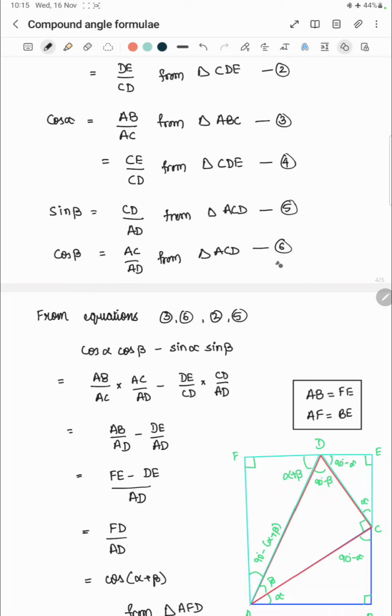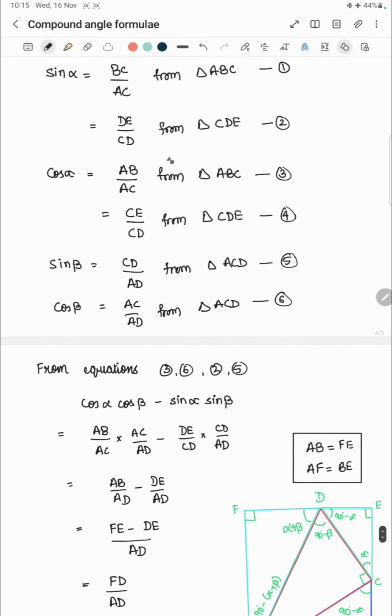Now cos beta from equation 6, AC by AD. Okay, now from equation number 2, DE by CD is sin alpha, and from equation number 5, CD by AD is sin beta.